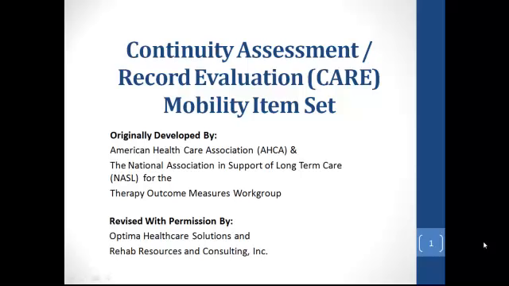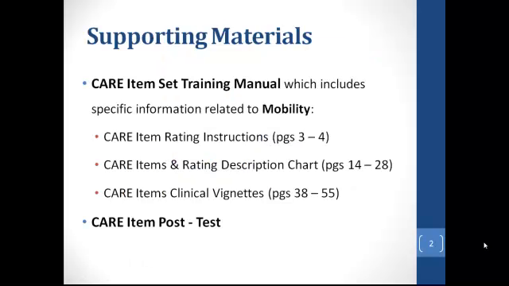This is the third of 3 trainings in the series. In order to make your training session more meaningful, you should have with you the CARE Item Set Training Manual. Within this manual is a lot of helpful information. The CARE item rating definitions to be used for the mobility items can be found on page 3 and 4. A chart that defines each CARE mobility item, as well as each CARE rating for that mobility item, can be found on pages 14 through 28.